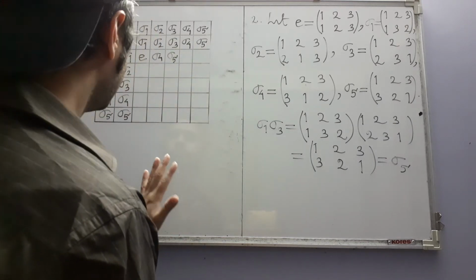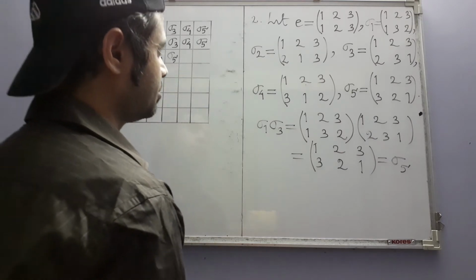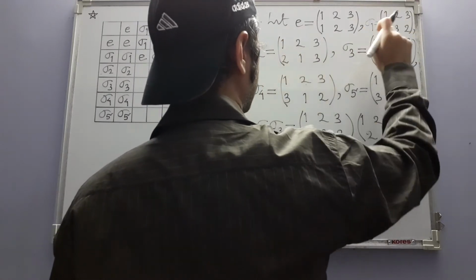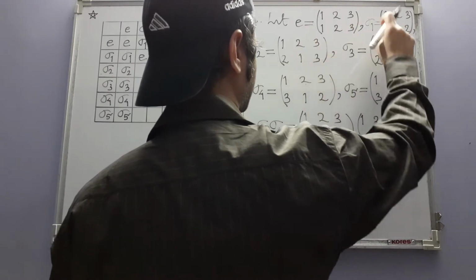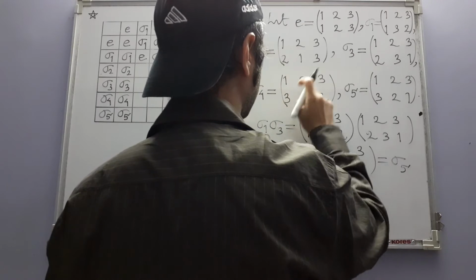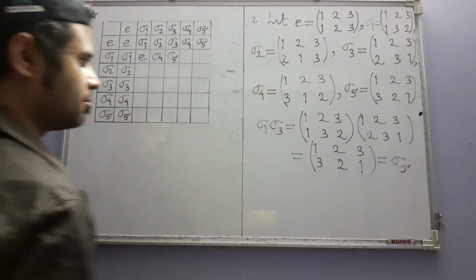Have I confused myself here in calculating sigma 1, sigma 2? Let me just see. 1 to 2, 2 to 3, 1 to 3, okay. It's okay. Okay, next sigma 1, sigma 4.